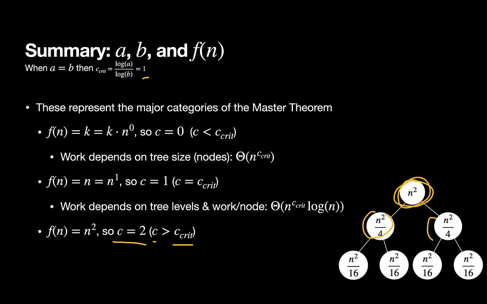As we move further and further down the tree, each successive layer does less and less work because the work is being reduced by more and more in this specific case. Okay, so in this case, the work is dominated at the top nodes of the tree, and our Master Theorem says that it is theta of f of n. So it's the f of n function that's really driving the overall complexity.